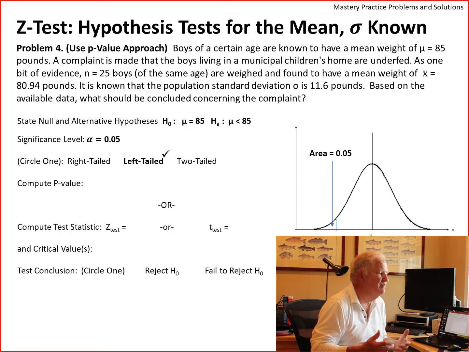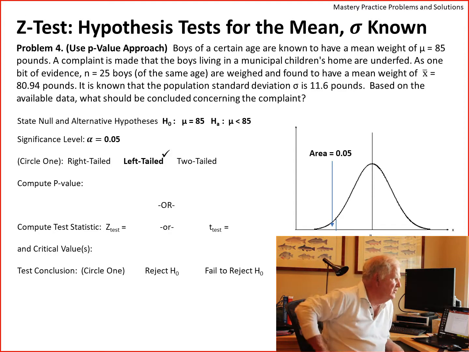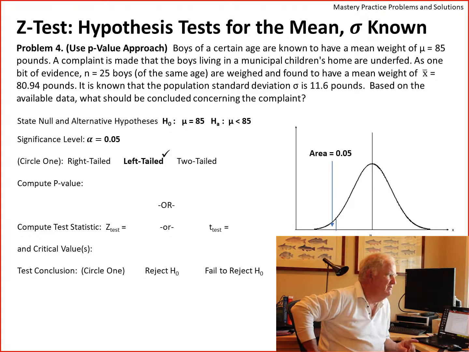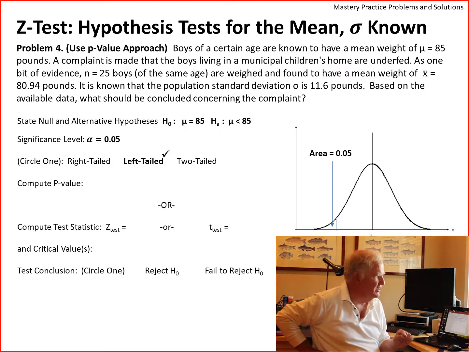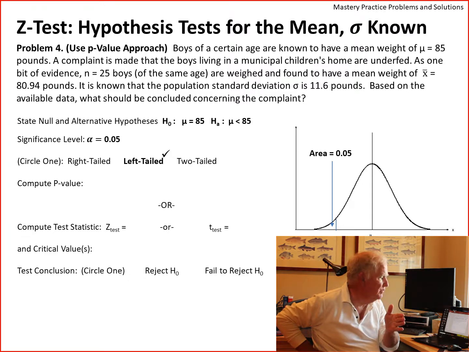So now what do we want? All we want to do, we don't have to calculate z-test, we don't have to calculate z-crit. Instead, we're going to calculate the p-value, which is the probability of pulling out 80.94 or an even more extreme number. That's the area under the curve from minus infinity up to 80.94.